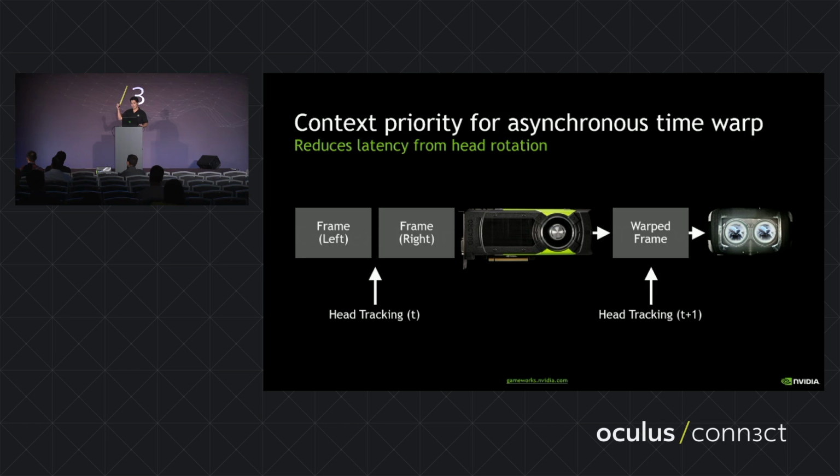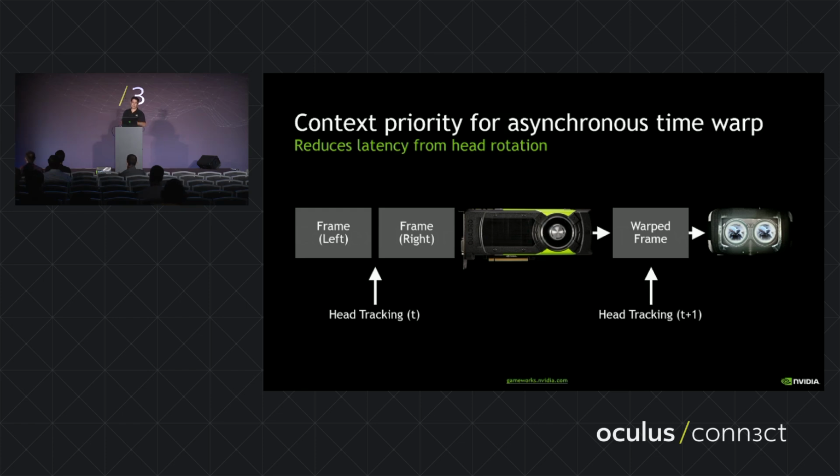There's this concept of asynchronous time warp, which we saw Brendan talking about yesterday at the keynote. The idea is that typically in a game, you render the frames from the camera pose as it is at some instant. You sample the camera pose, you generate the visible geometry for that camera pose, you render it, and then you display it.